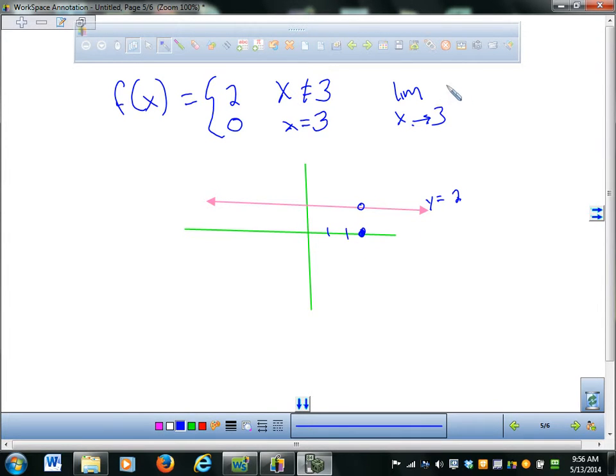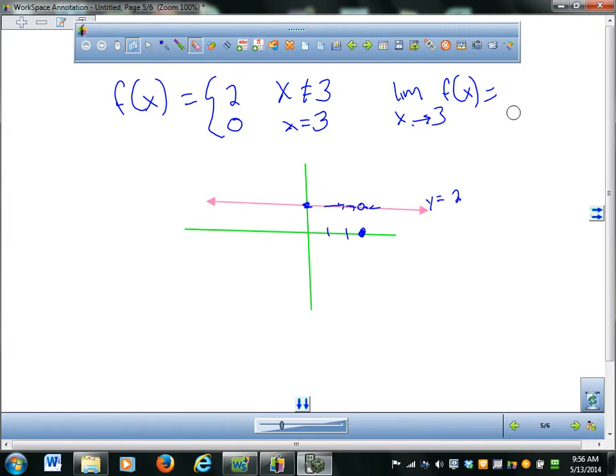So what would be the limit of f of x as x goes to 3? Looking at this graph, what value is it approaching from both sides? It's approaching 2. So even though the value of the function is 0 at that point, as I get closer and closer to this point, I get closer and closer to this y value, which is equal to 2.